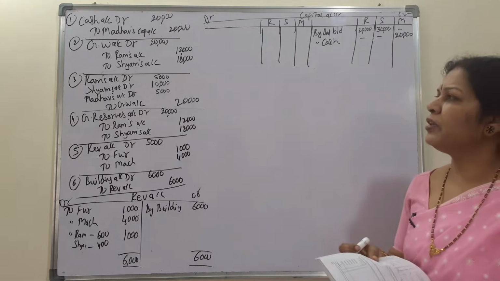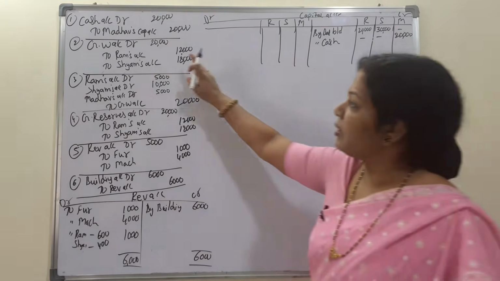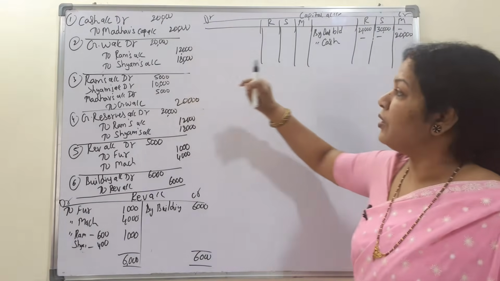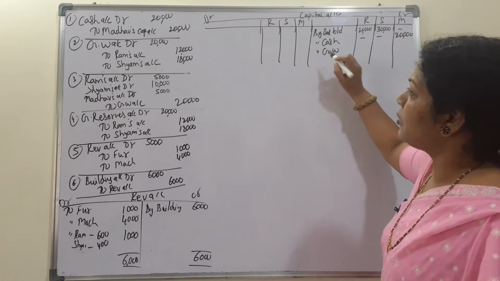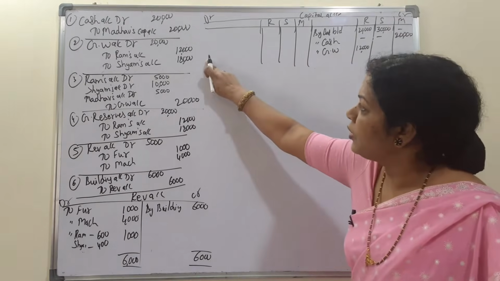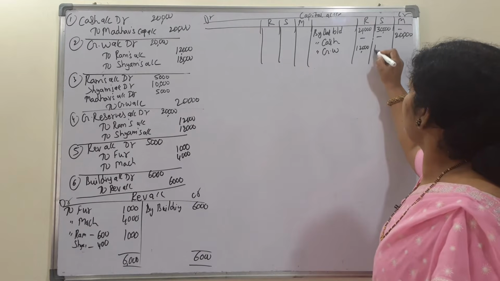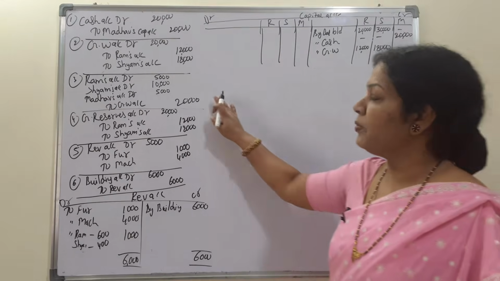Apart from this, we can take everything from the journal entries or revaluation account. Where we'll get goodwill, created goodwill. So, by goodwill. When created goodwill, Ram and Shyam shared in the ratio of 12,000 and 8,000. Next, goodwill is written off.